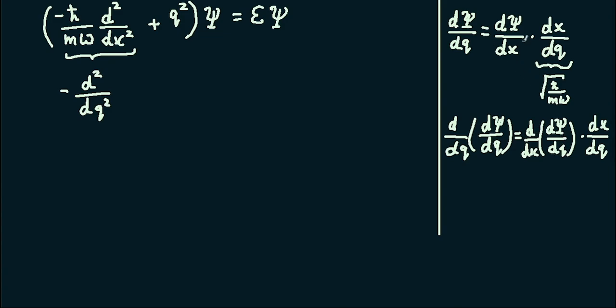So now inserting this expression for dψ/dq which we found above, we get d/dx of square root of h bar over m omega into dψ/dx into dx/dq.